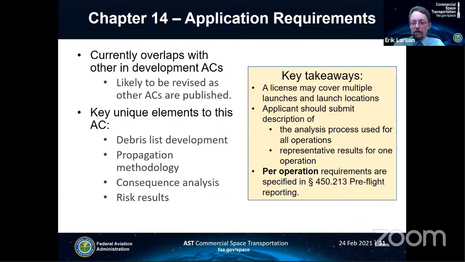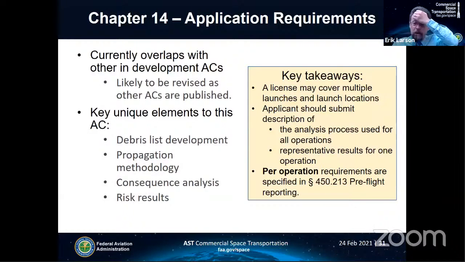So that's what needs to be submitted to the FAA for each individual operation. Part of the streamlining is that a license can cover many different operations, and not every operation goes through the entire licensing process, but the process is what is part of the license application.